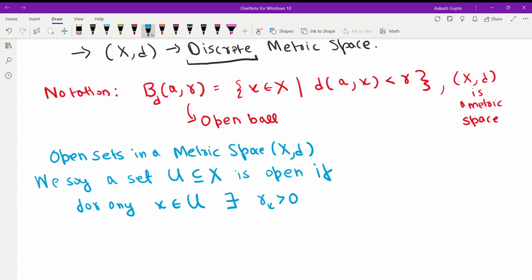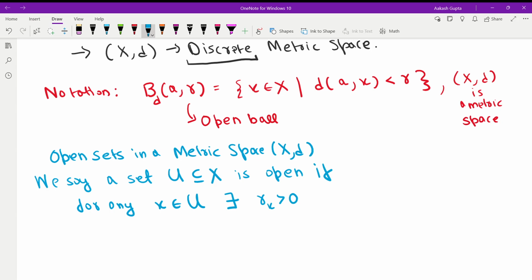Why am I writing R suffix X? Because it depends upon X as well as U. But since we have already fixed our set U and we are defining when this U would be open, it is sufficient to write just X in suffix.